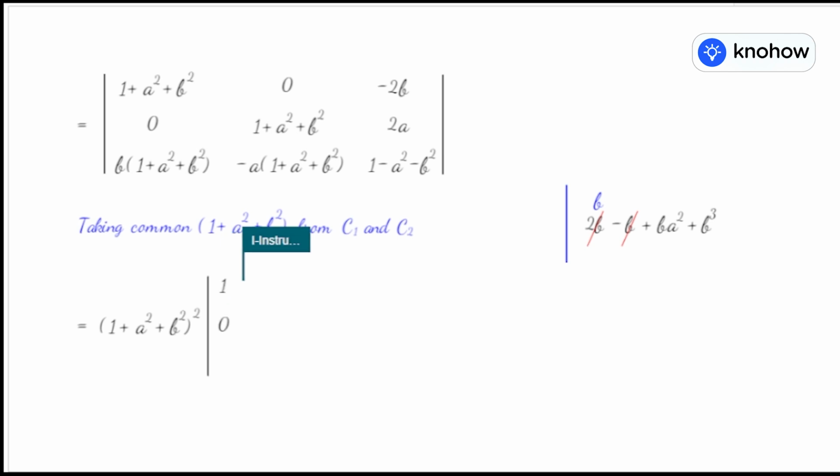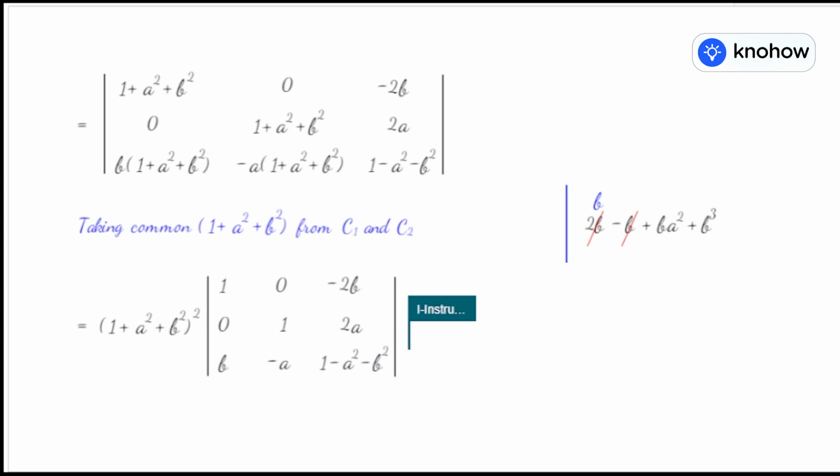In the second column you get 0, 1, −a, and the third column of course remains the same: −2b, 2a, and 1 − a² − b². What do you do now? See, in R3, if you subtract b times R1, b − b will give you 0. So at least two zeros will be there in C1.